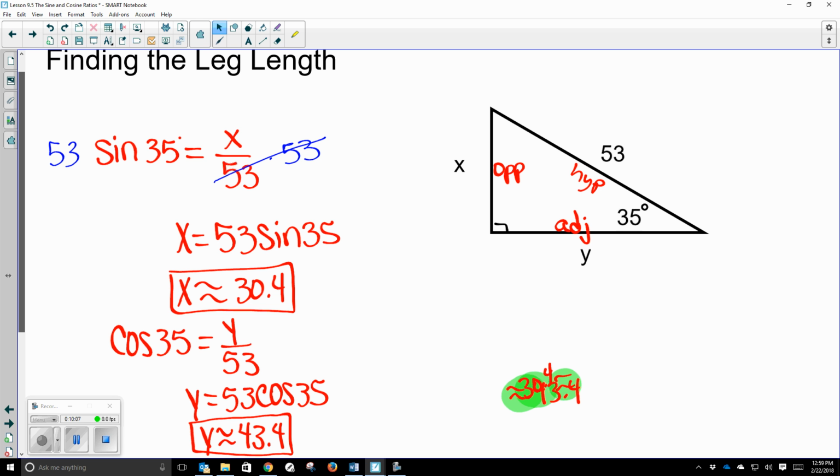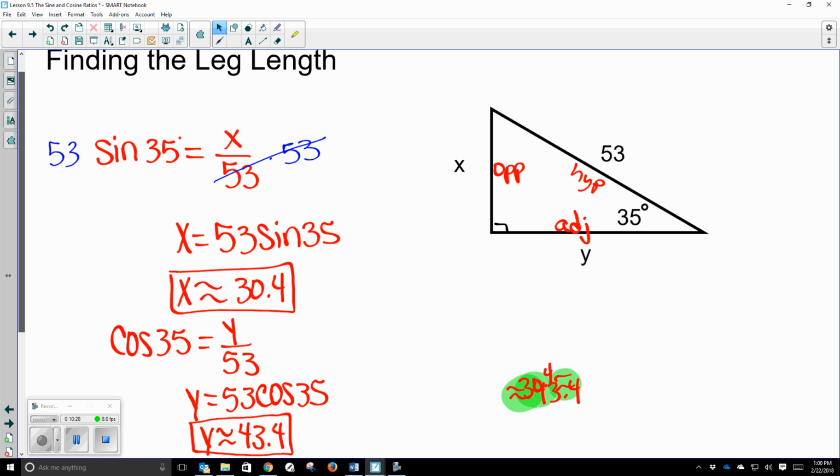Is there a way to find x using cosine? Don't let this confuse you with everything you've learned so far, but you kind of need to know that this will work.